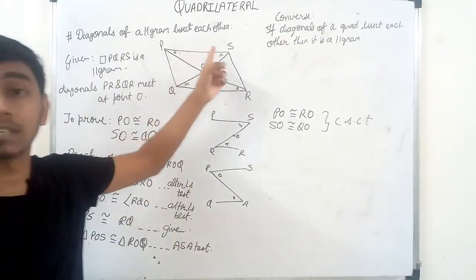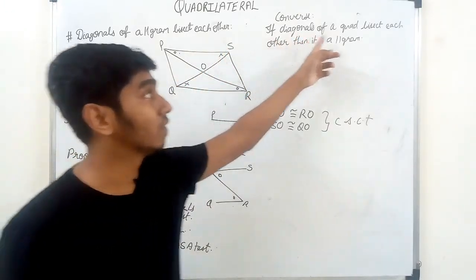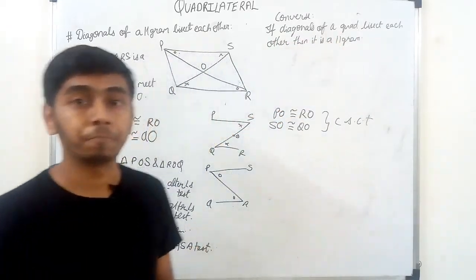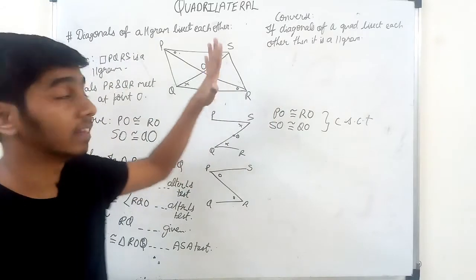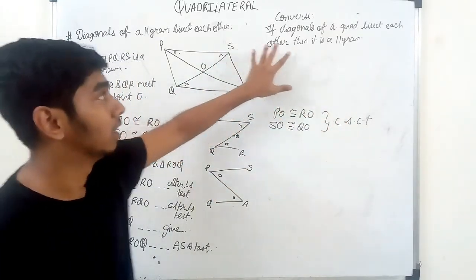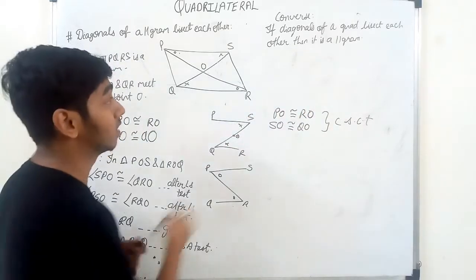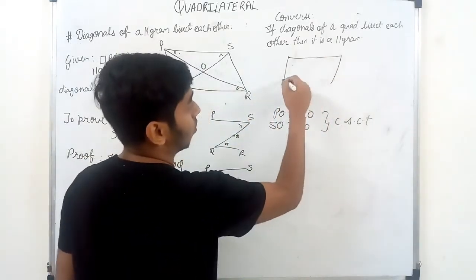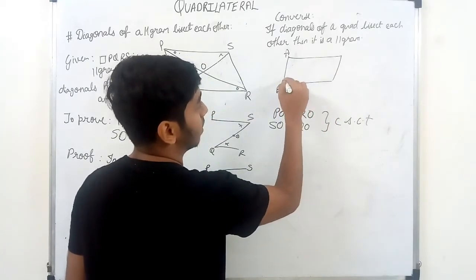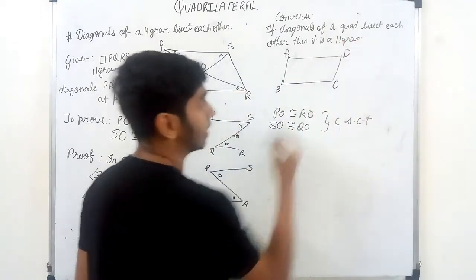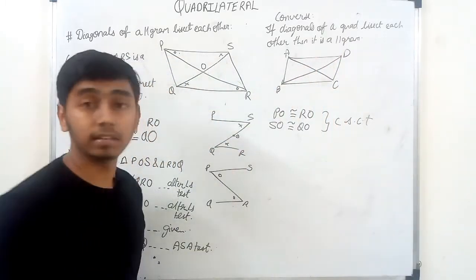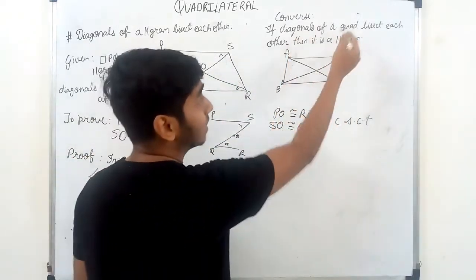Now the converse of this says, if diagonals of a quadrilateral bisect each other, then it is a parallelogram. Here there is already a parallelogram. If you draw, let's say A, B, C and D, the two diagonals. Now diagonals bisect each other.